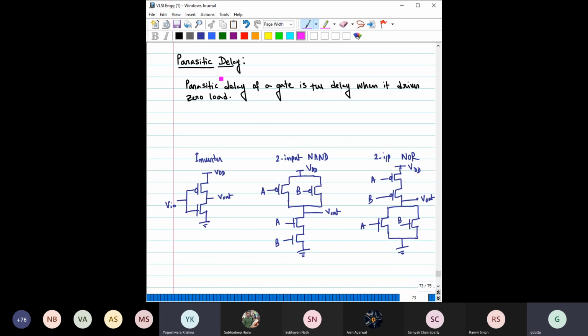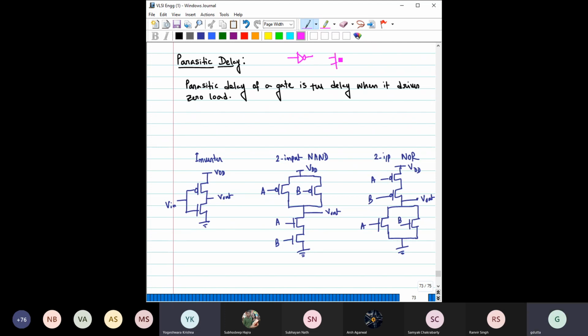So what do you mean by parasitic delay? The parasitic delay of a gate is the delay when this gate drives no load. That means after this, suppose it is an inverter, there is no load. So basically this inverter is driving the intrinsic capacitance only.